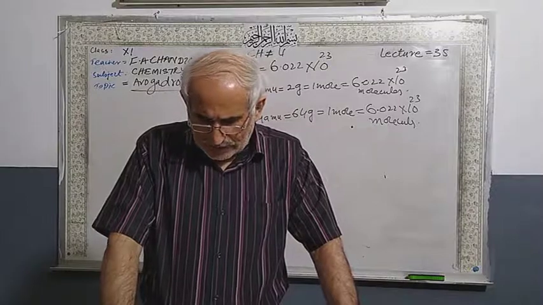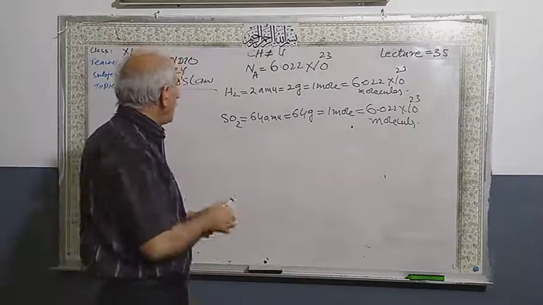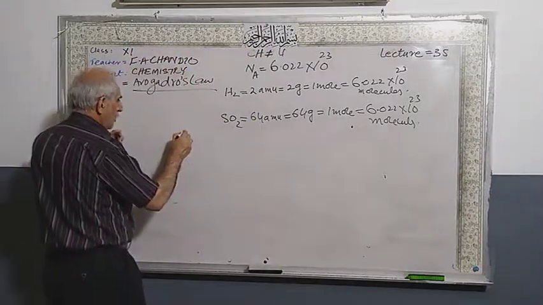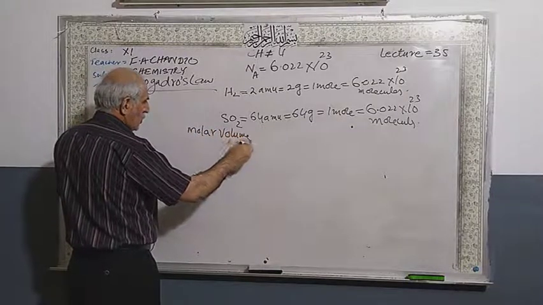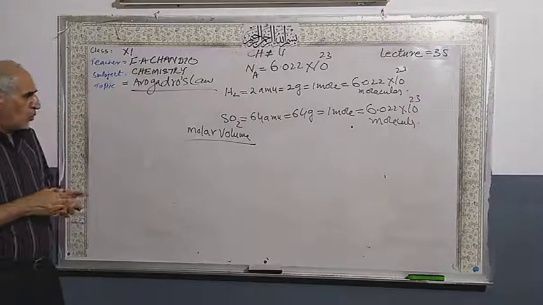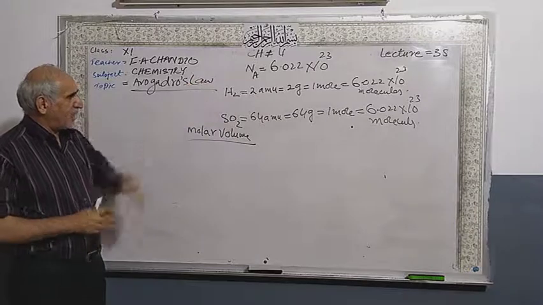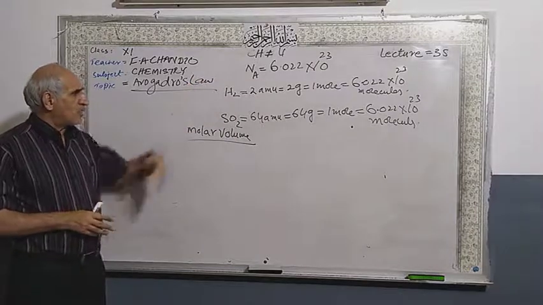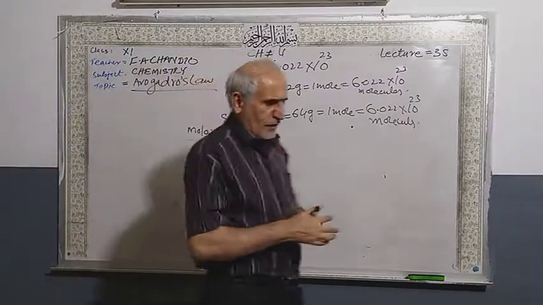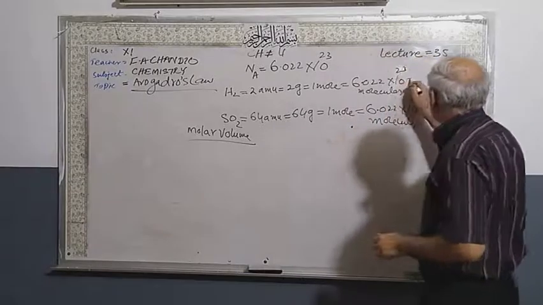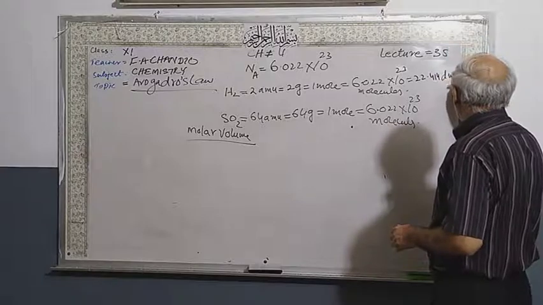So dear students, there is one thing we call molar volume. 1 mole of any gas, the lightest gas or heavier gas, irrespective of their masses, 2 grams, 64 grams, 1 mole of every gas contains 22.414 decimeter cube.